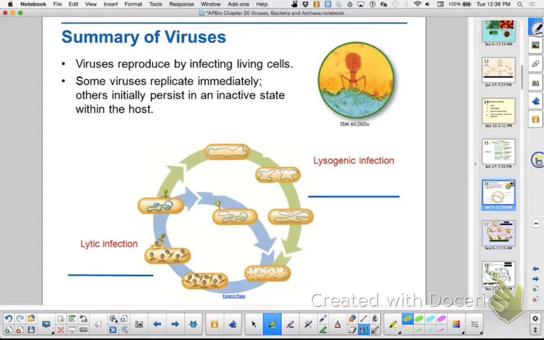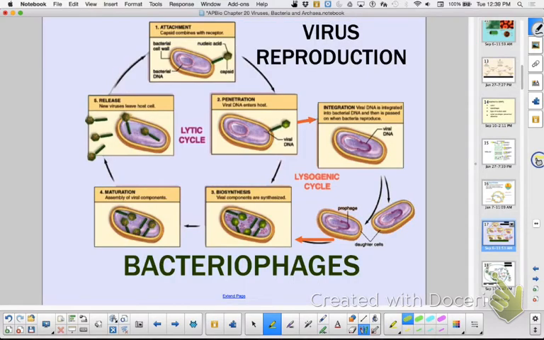Do you remember what it's called when you lay latent inside the host cell chromosome? You're called a prophage. So you're like a professional virus inside the host cell. Every time that host cell replicates, the viral nucleic acid is replicated as well.